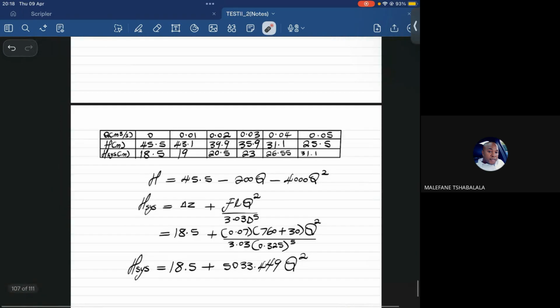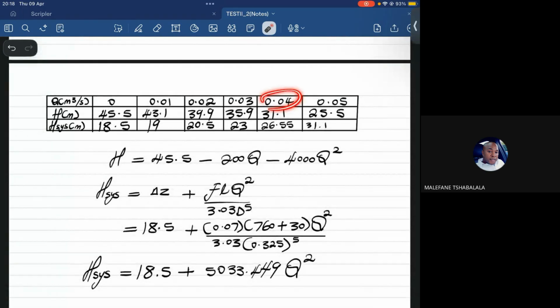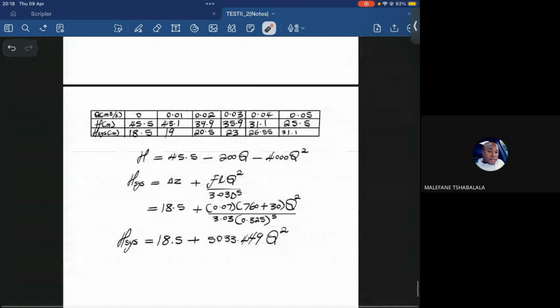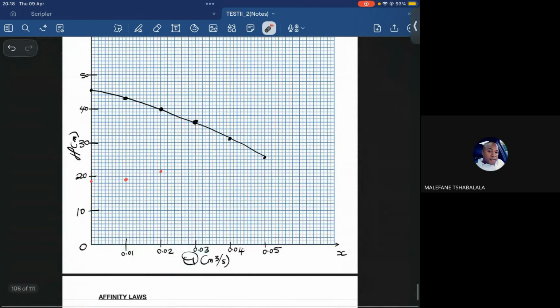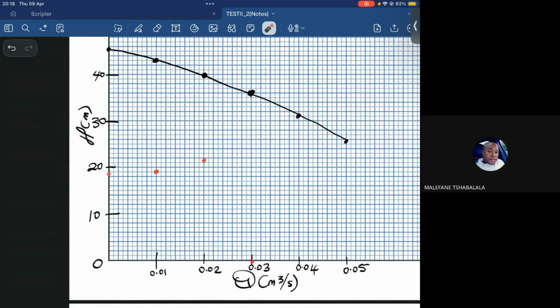Okay, so the next x and y coordinates will be 0.04 and 56.55. Let's round this off to 26.6. So we'll have 0.03 and 26.6.